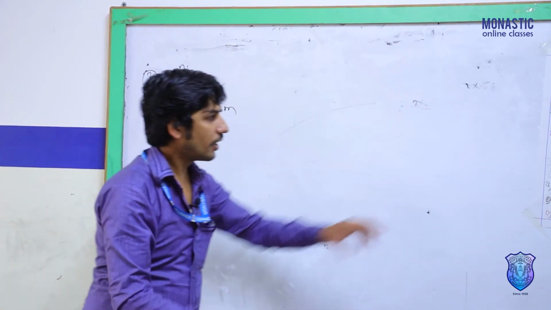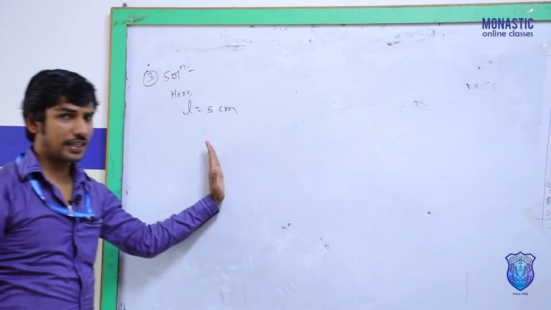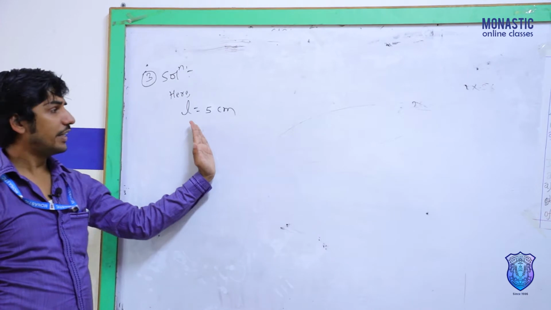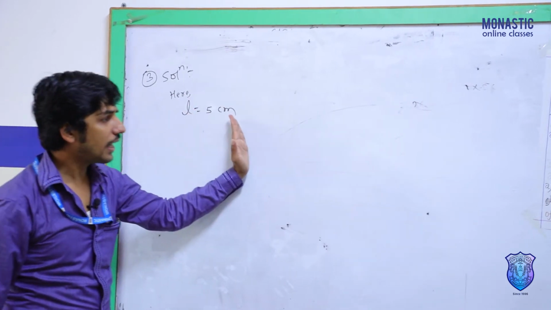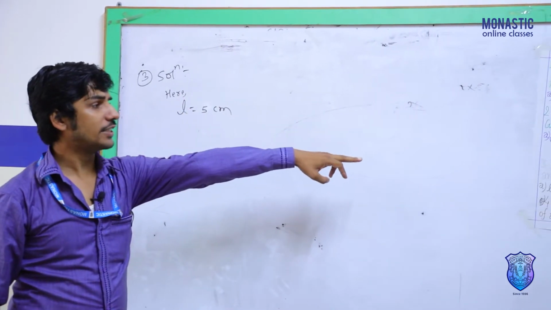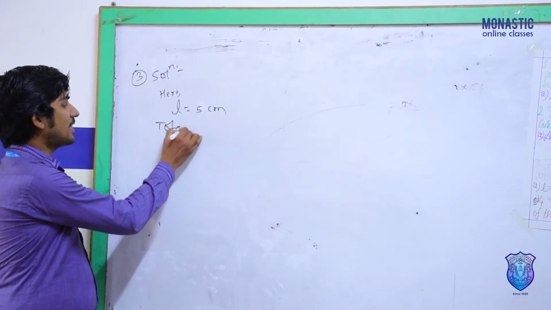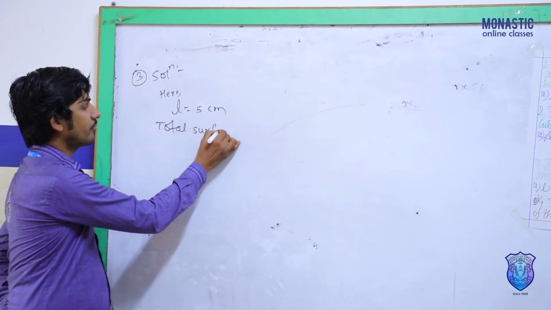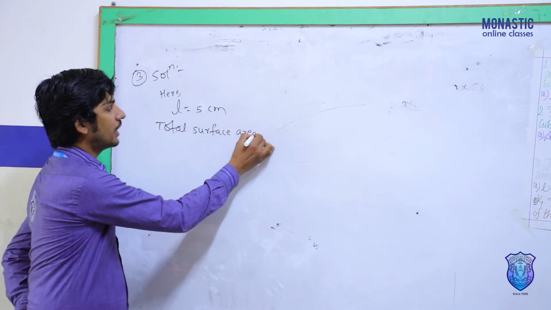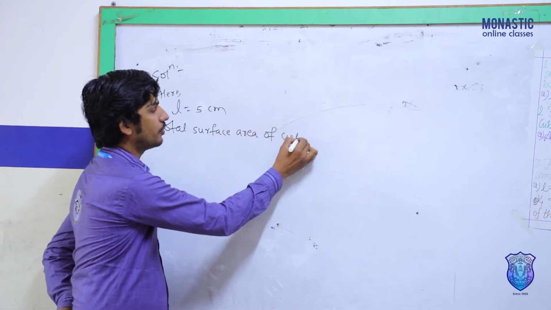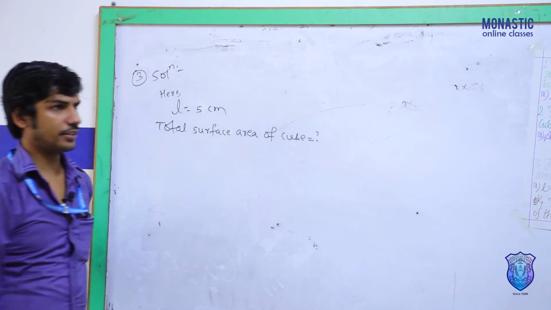Now the length is equal to 5 cm given there, and from this 5 cm what do we have to do? The first question given there is to find the total surface area of the cube. We have to find it here.